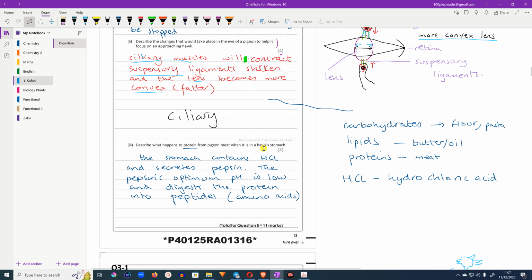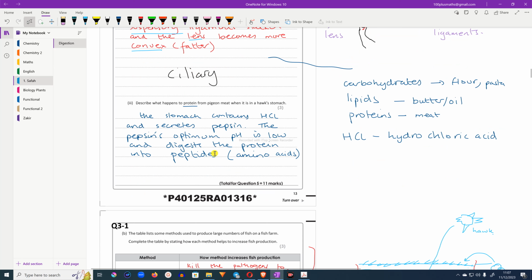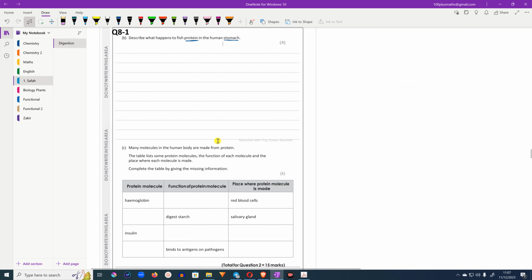So protein in the hawk's stomach, and it'll be the same thing. So the stomach contains hydrochloric acid, it secretes pepsin, the pepsin optimum pH is low, and digests the protein into peptides or amino acids. There you go. So that's what we need to write.